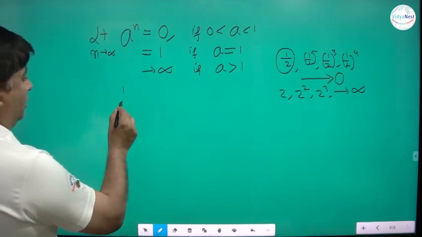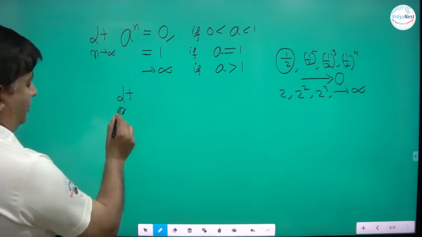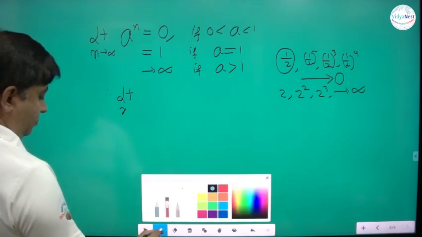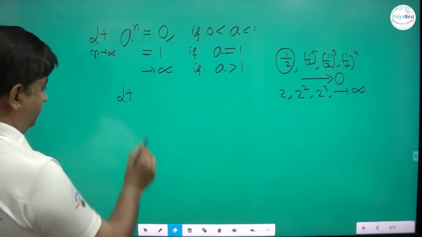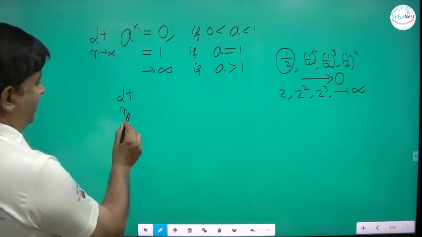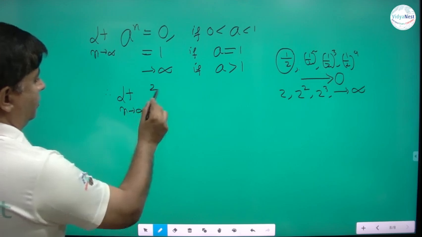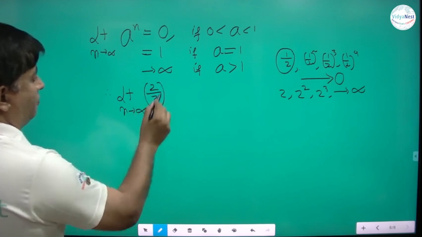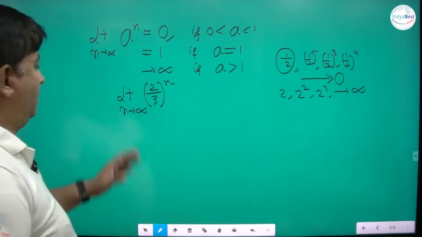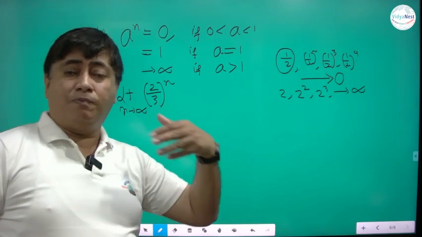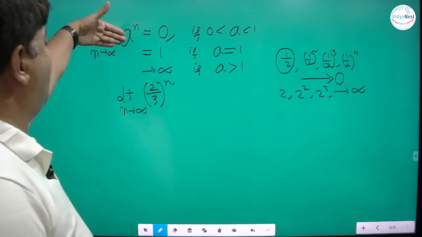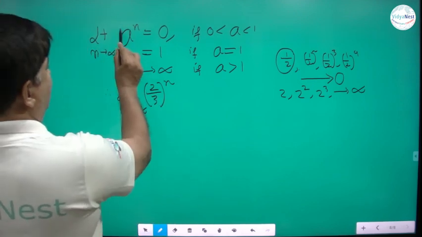So if you are asked to find limit n tends to infinity of 2 by 3 whole to the power n, which seemed impossible till now, it has become possible. Why? Here the base is what?